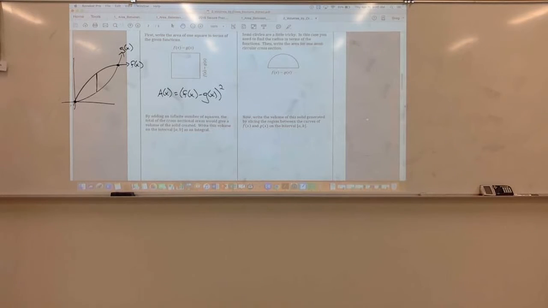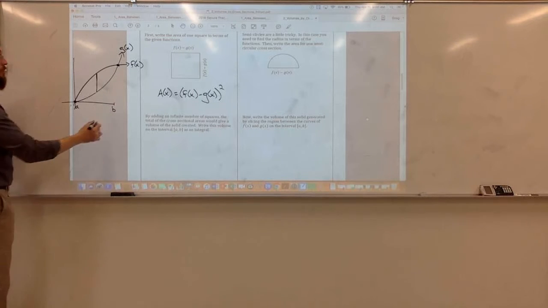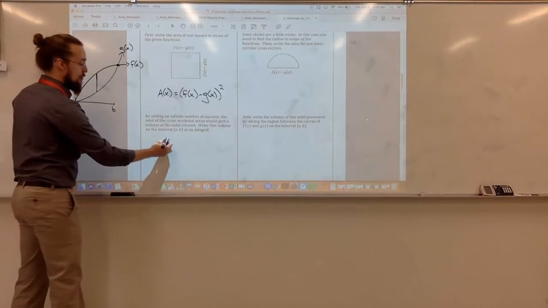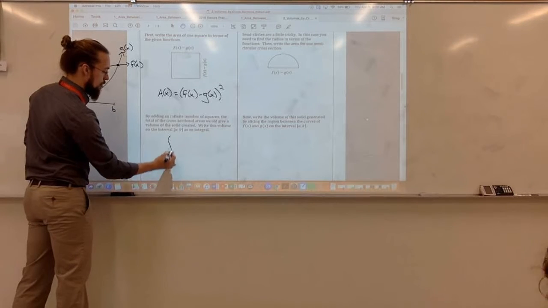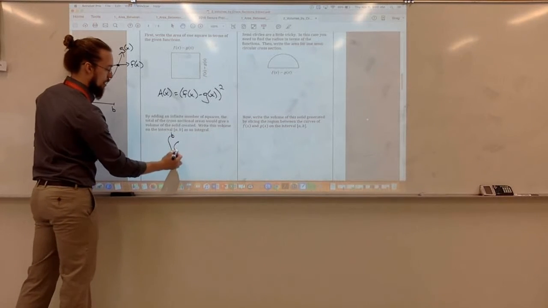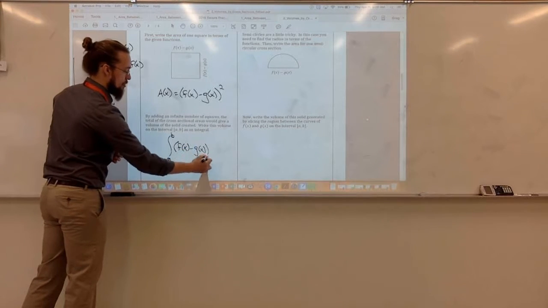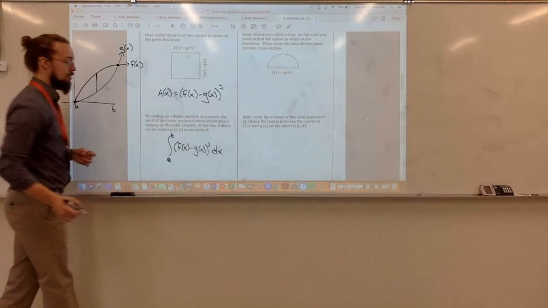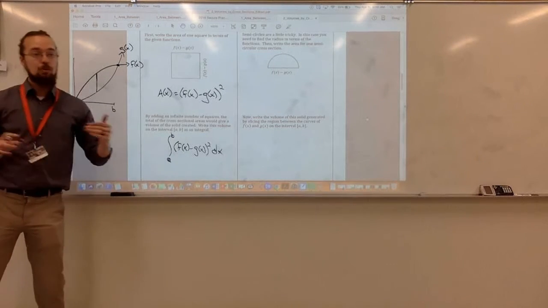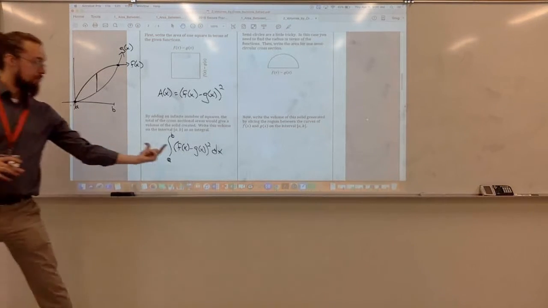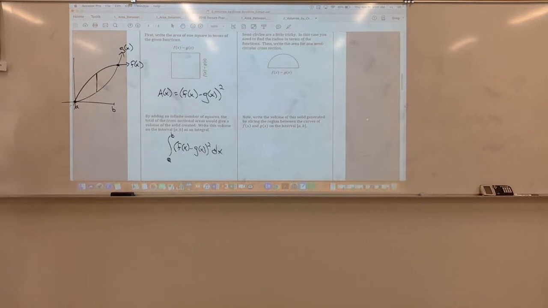Here, for our generic purposes, we're just calling these values a and b. So to set up and find this volume, I would take the integral from a to b of f of x minus g of x squared. So I'm taking the integral of an area. This formula is the area of the cross section. It's a square. So the integral of this area will give me the volume of this figure.